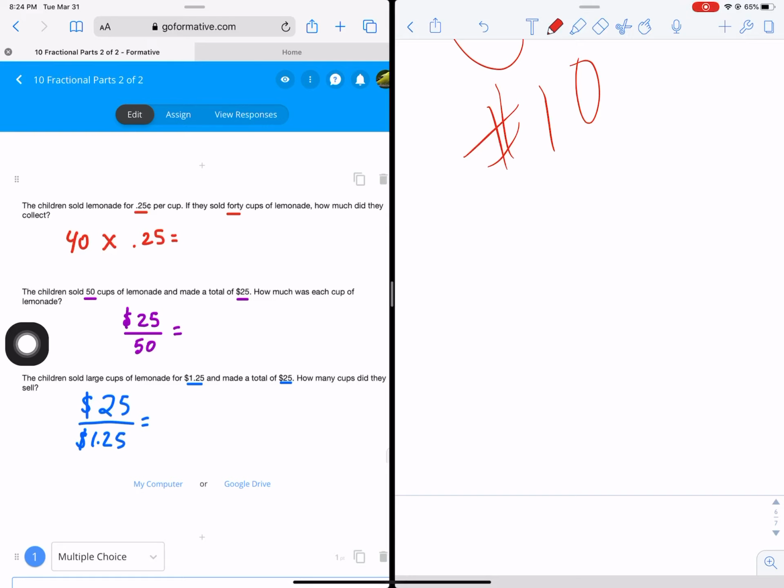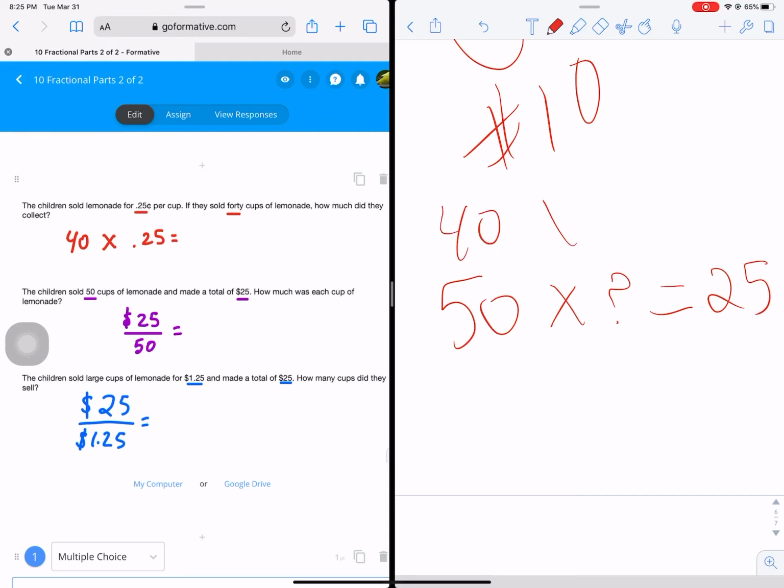Here we're missing some data. We know that 50 cups were sold. We don't know what each cup sold for, but we do know that $25 was made. And that follows the same pattern as the one before, where there was 40 cups times 25 cents and it made $10.